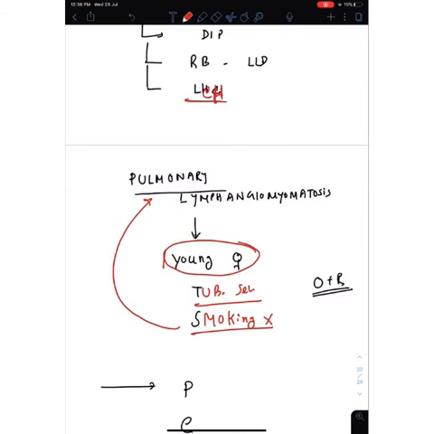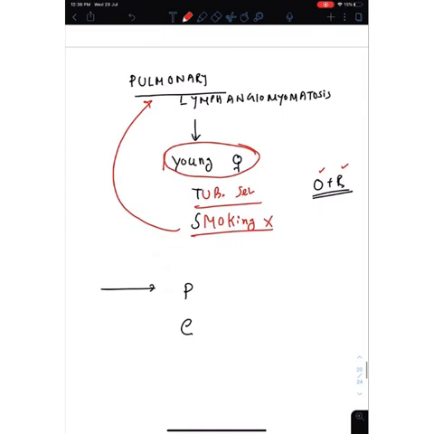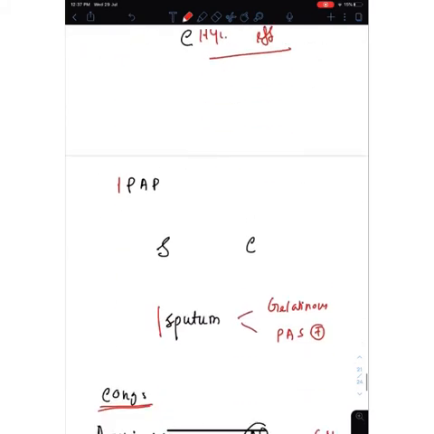ILD is a restrictive lung disease, as you will see in the previous video. But in pulmonary lymphangioleiomyomatosis, you will get both obstructive and restrictive patterns. You can also see pneumothorax or chylous effusion.